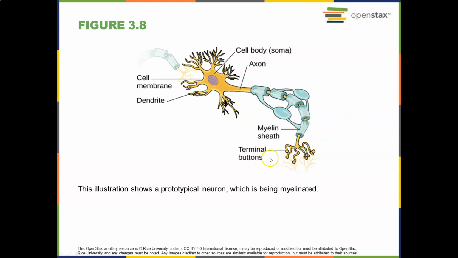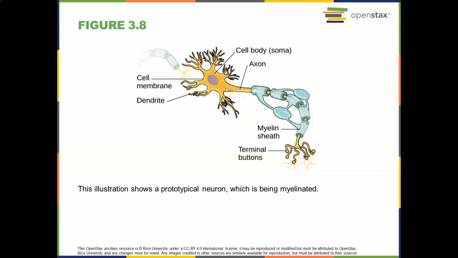Okay, now you'll notice this word right here called myelin, and the myelin sheath. So around the axon, there are these little nodules right here. Those are called the myelin sheath, and those are a fatty substance. The more electricity that shoots through these, it triggers the buildup of this myelin around there.